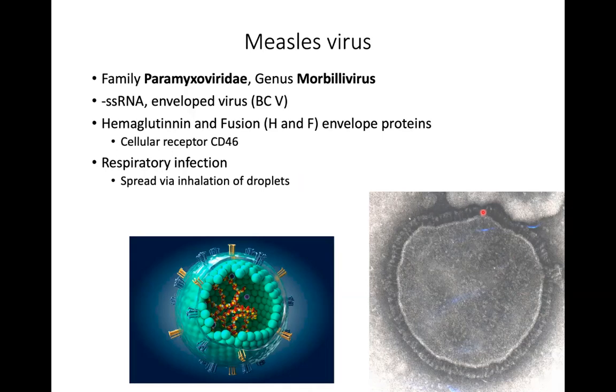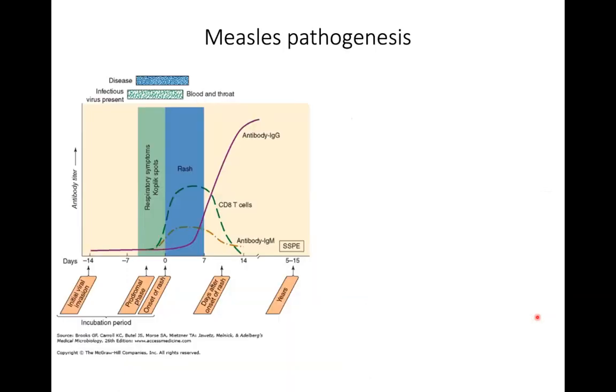Here's an electron micrograph of it. You can see it's enveloped, it's pleomorphic like most enveloped viruses, and here on the outside are all its little hemagglutinin and fusion protein spikes. Okay, so measles has a relatively long incubation period.